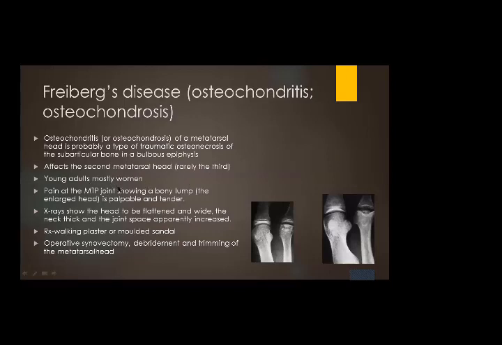Young adults, especially women, are affected mostly. There is pain at the metatarsophalangeal joint showing a bony lump. The enlarged head is palpable and tender. X-ray shows the head is flattened and white.